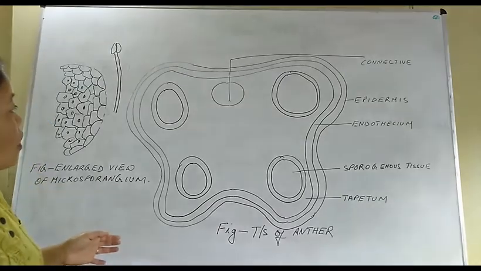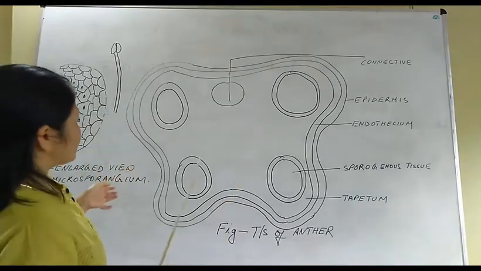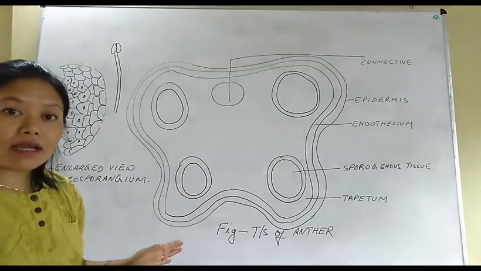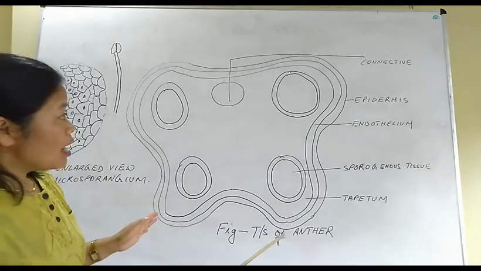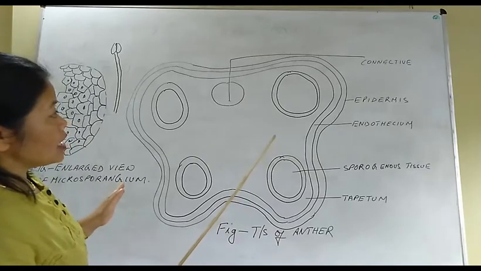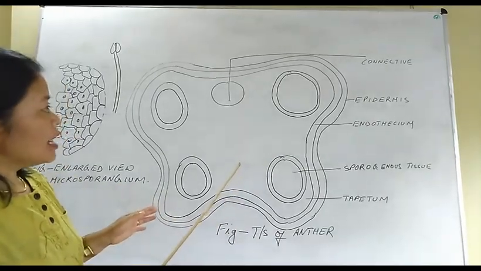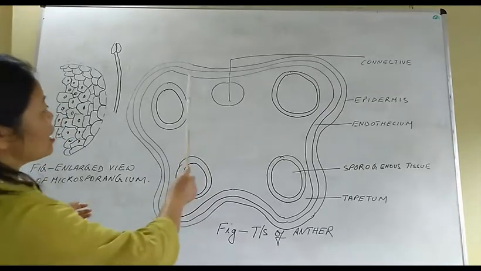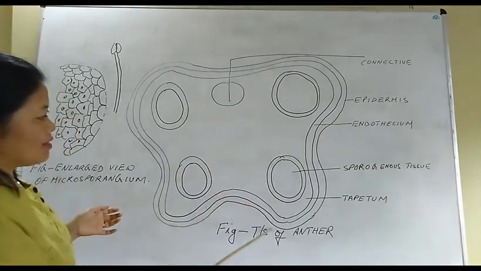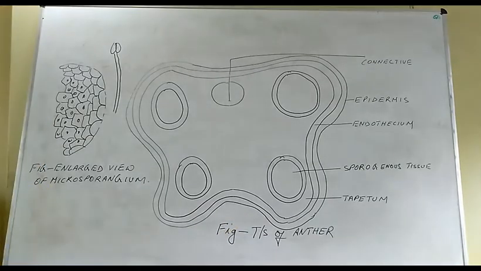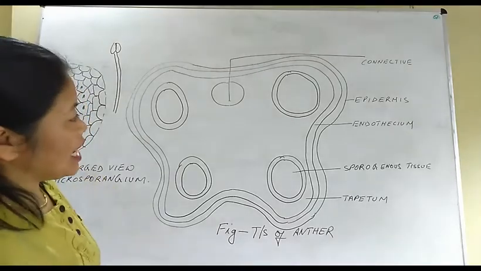So as I said, there are altogether four pollen sacs or microsporangia. Now, when you see each microsporangium, it is surrounded by four walled layers. And what are those four walled layers?